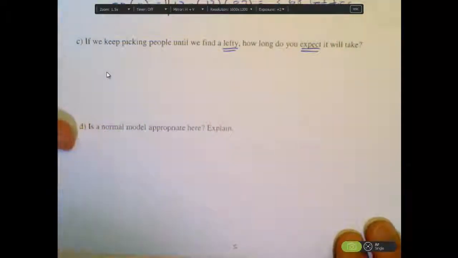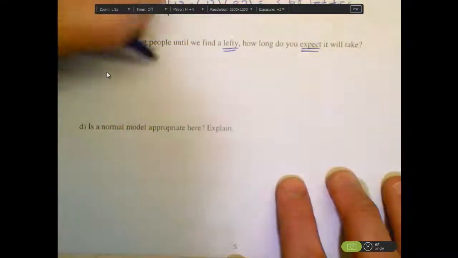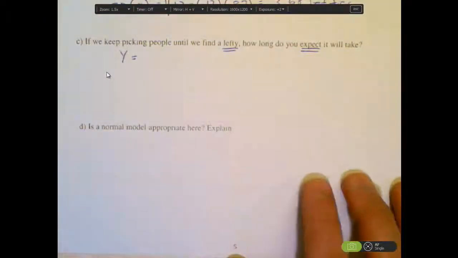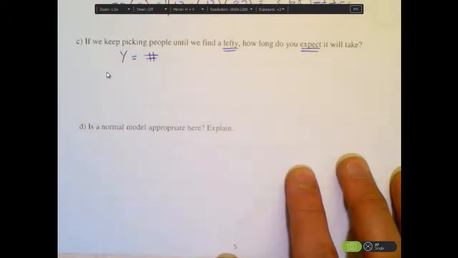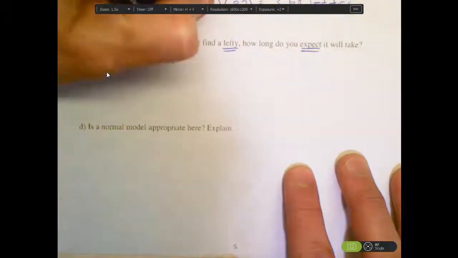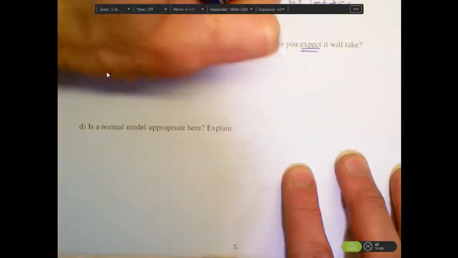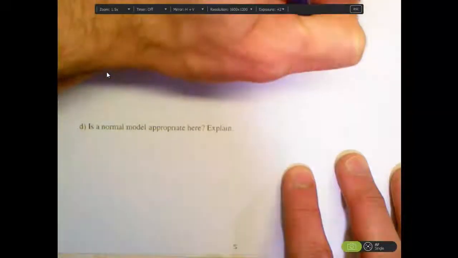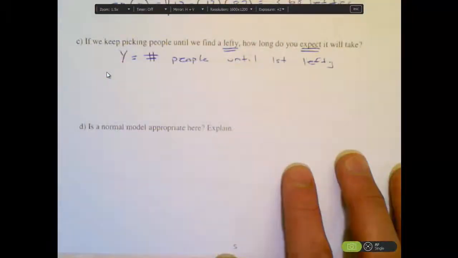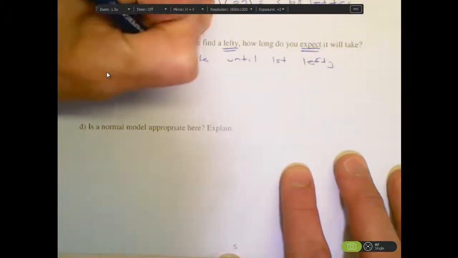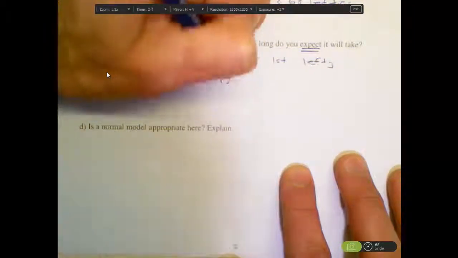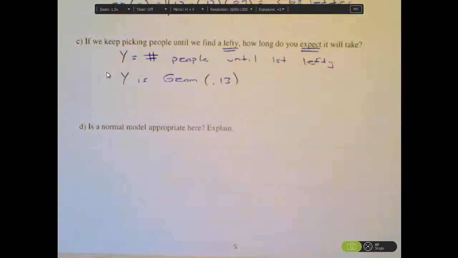Because I'm still within this question, I'm on part C, I'm not going to pick x, because that I identified for a binomial variable, or a variable that we use the binomial probability distribution for. So I'm going to say y is the number of people until the first lefty. Okay. And I know that y is geometric with a probability of success of 0.13 by one parameter.